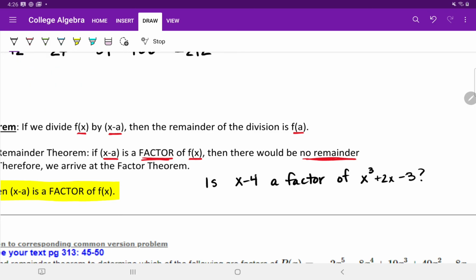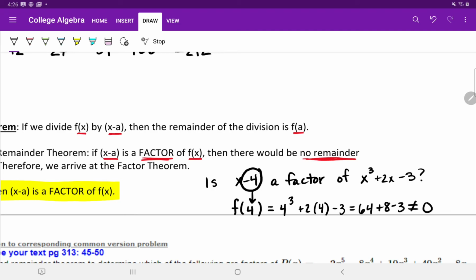All you have to do is take this, flip the sign, and plug it into f. Then that'll give us 4 cubed plus 2 times 4 minus 3, which is 64 plus 8 minus 3, which is definitely not 0.